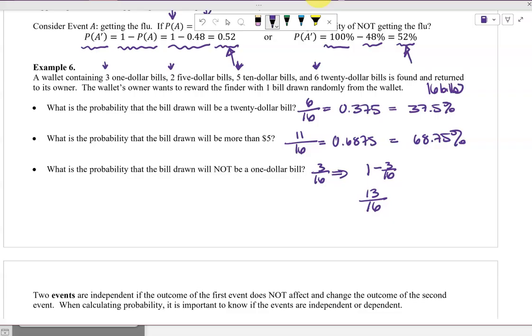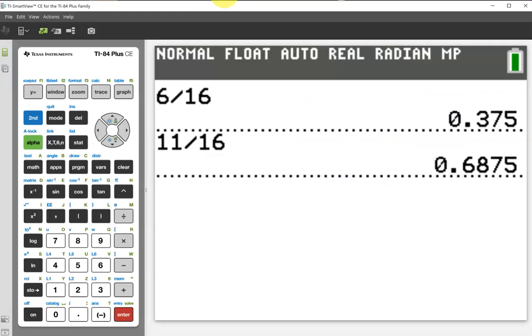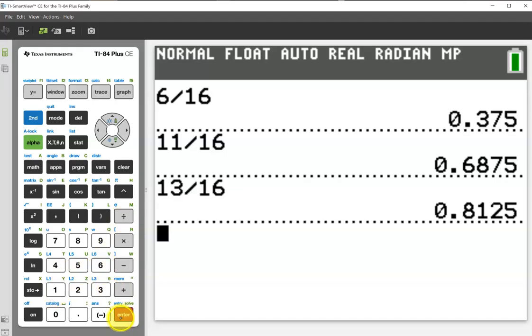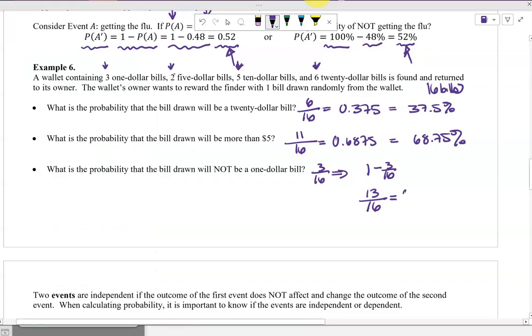And you could have gotten that by adding these all up. 6 and 5 is 11 and 2 more is 13. So put that into your calculator. And we have 0.8125. And as a percent, that would be 81.25%.